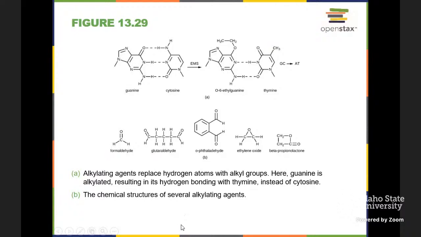There are other agents that impact microbes by interacting with their nucleic acids. Alkylating agents get in and incorporate into these molecules, and we can see a couple of these right here.